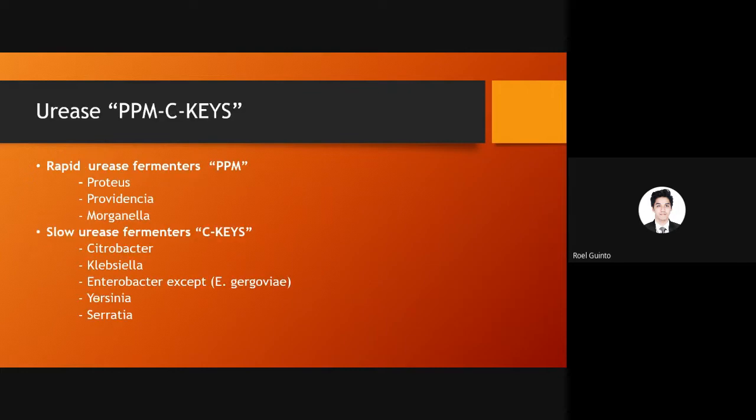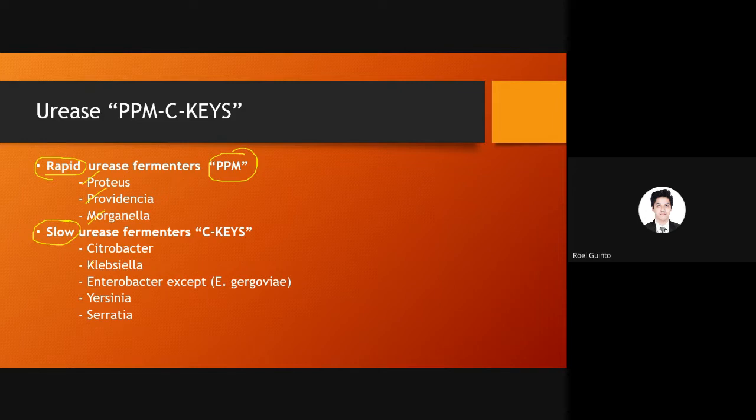Next, which microorganisms are urease fermenters? We have rapid urease fermenters and slow urease fermenters. Which microorganisms are under the rapid urease fermenters? We have PPM: Proteus, Providencia, and Morganella.